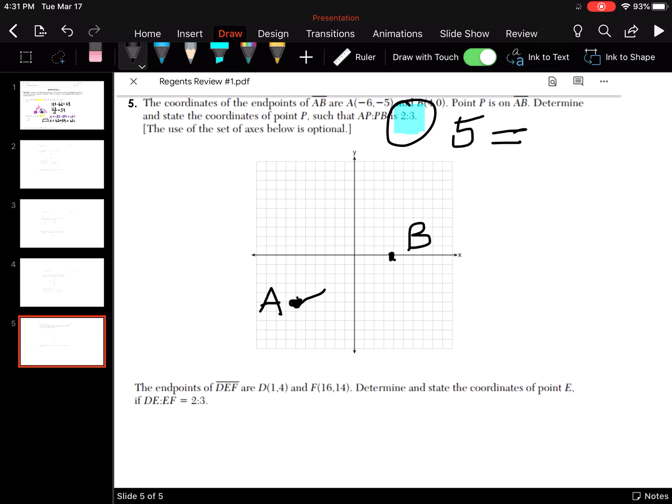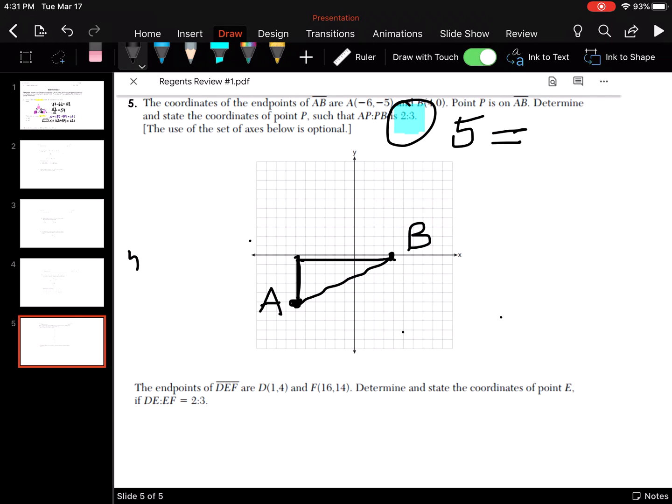So if you're going to use the line, sorry, it's not that straight with my iPad here, we need to break this change in Y into 5 equal parts. So this is going up 1, 2, 3, 4, 5, and this is going to the right 1, 2, 3, 4, 5, 6, 7, 8, 9, 10.